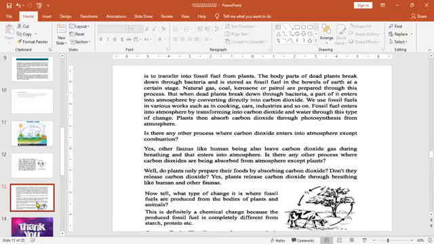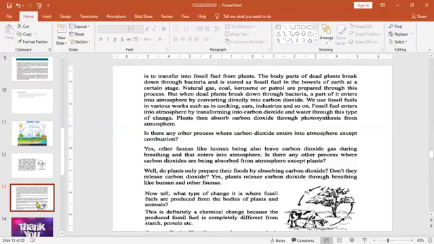So is there any other process where carbon dioxide enters the atmosphere except combustion? Yes, other than combustion, carbon dioxide can mix into the atmosphere through other processes too. Other fauna like human beings also release carbon dioxide during breathing, and that enters the atmosphere. It is not combustion, but carbon dioxide mixes with the air. Is there any other process where carbon dioxide is absorbed from the atmosphere except by plants?